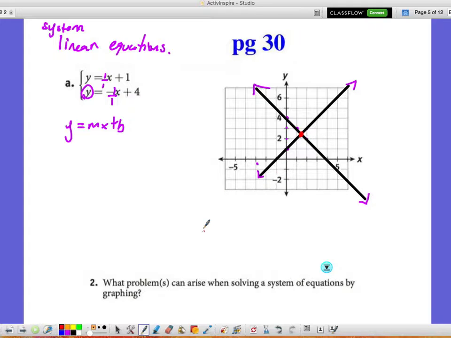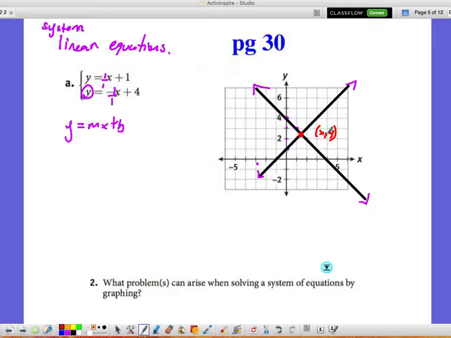So we graph this, but can we tell specifically what the coordinate of this point is going to be? Well, that's the limitation of graphing. How do I know what this exact point where the lines intersect is going to be?